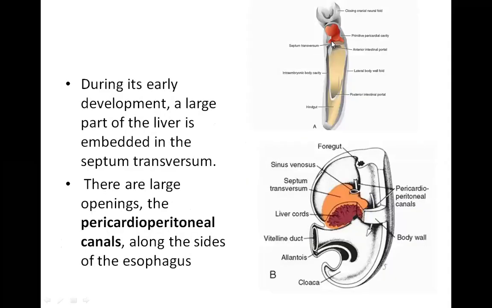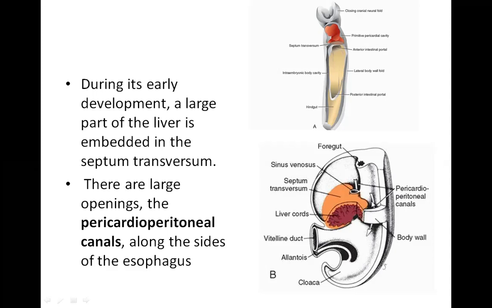During its early development, a large part of the liver is embedded into the septum transversum. This one is the longitudinal section. This one is the septum transversum. This one is the cardiogenic area. Over here you can see this area has been magnified. So a large part of liver is embedded in this septum transversum.